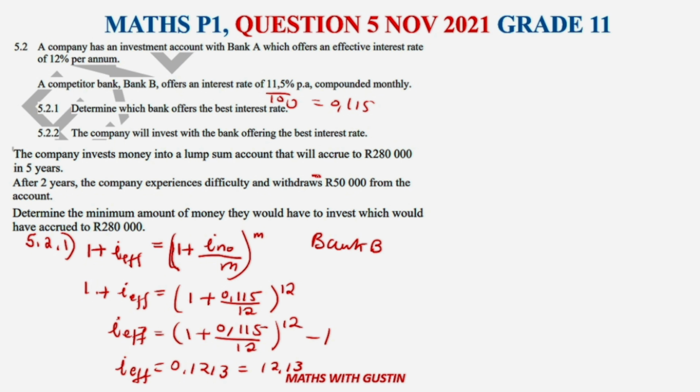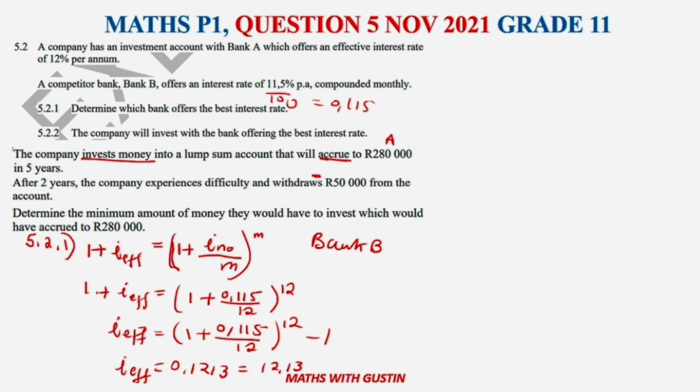When they say want to acquire, this means it is the future money. They don't have this money, they want to acquire it. So this tells me that this is A, because they are looking for it. They want to acquire this from where? From the investment money that they have made. And therefore we need to determine the minimum amount of money they would have to invest.